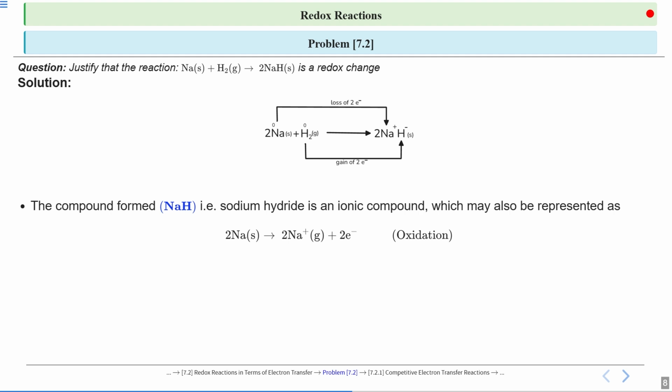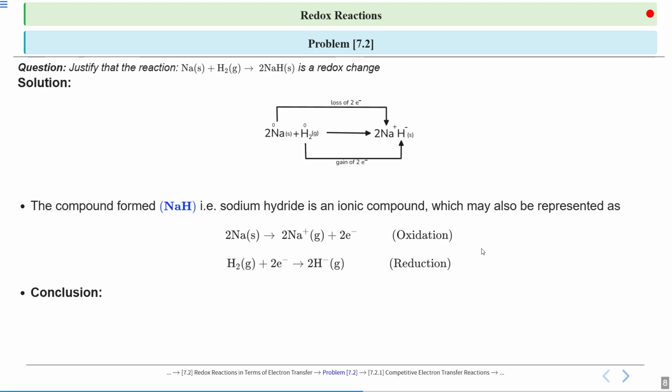While if we look at the reaction of hydrogen, hydrogen gains 2 electrons and forms 2H negative, and this gain of electrons is considered a reduction reaction. So these are the two aspects of redox change in this chemical reaction. The first one is oxidation, while the second one is reduction.